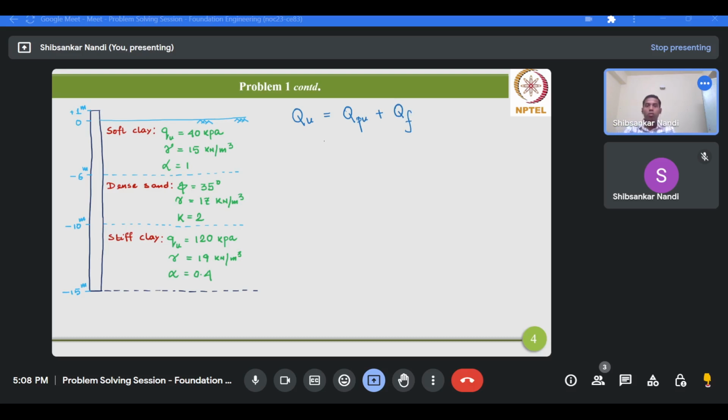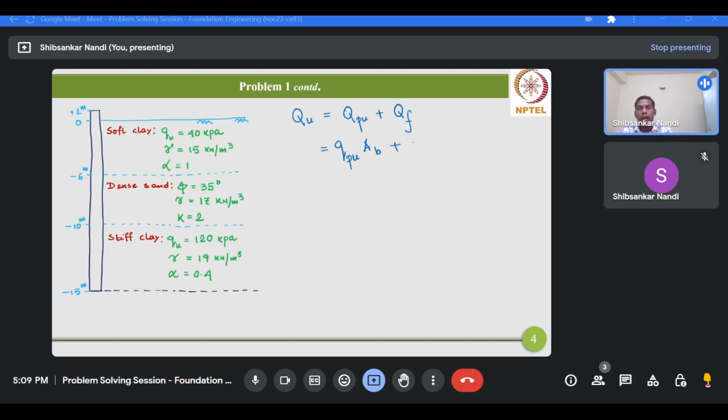This point bearing resistance can be determined from the unit point bearing resistance multiplied by the cross sectional area at the pile tip or pile base.